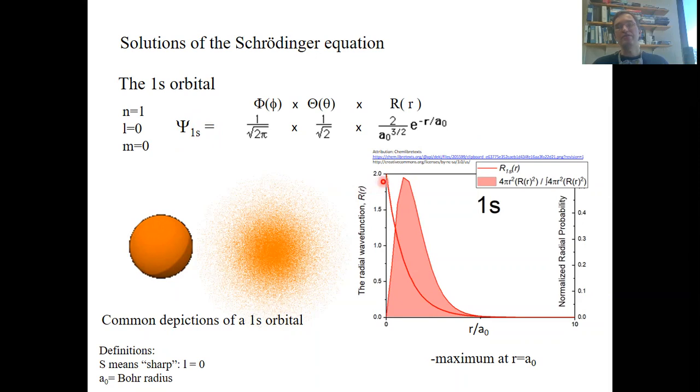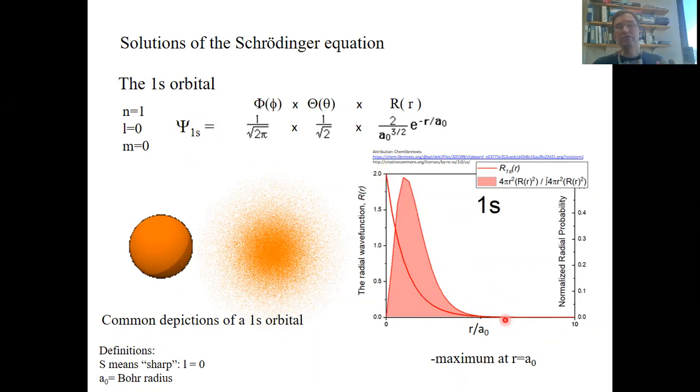So now, as the amplitude of the wave function exponentially declines with increasing radius, that also means that the square of that wave function exponentially declines with increasing radius.